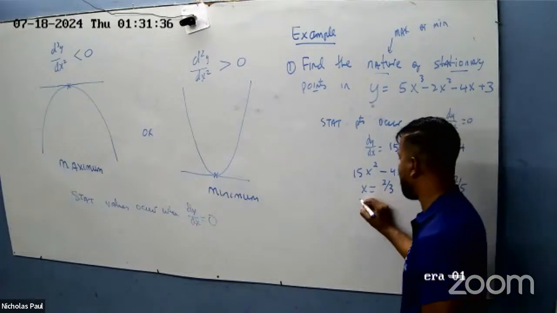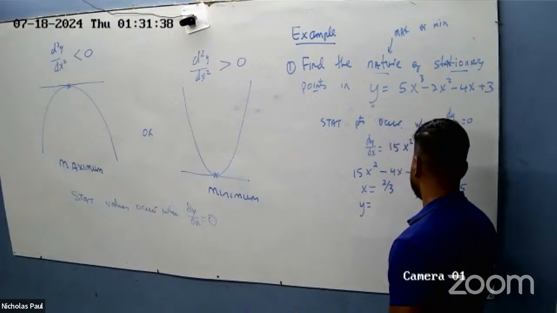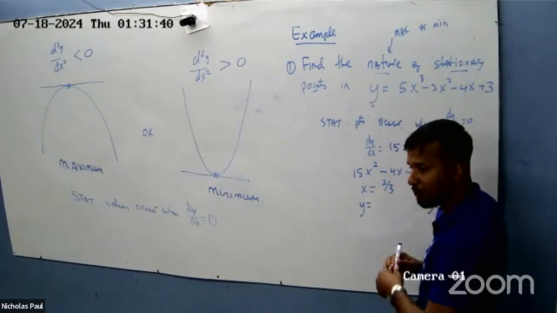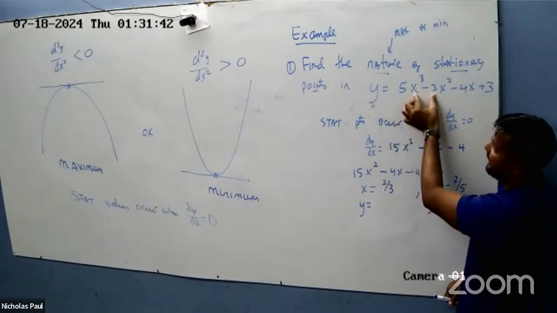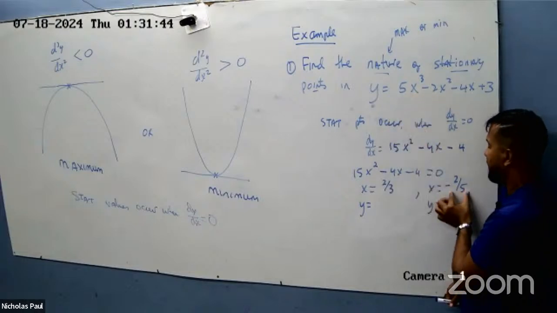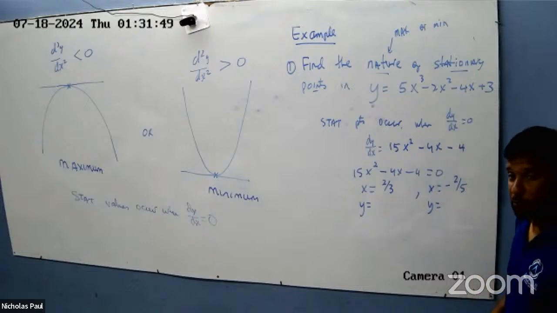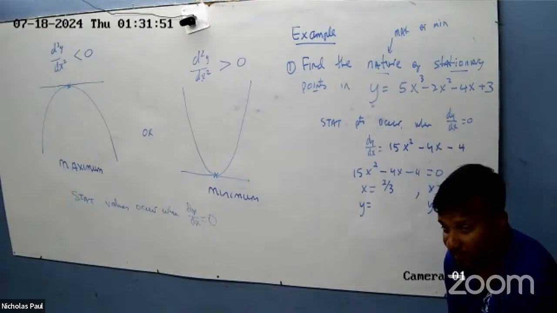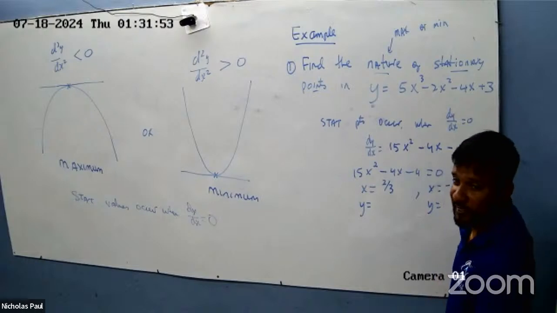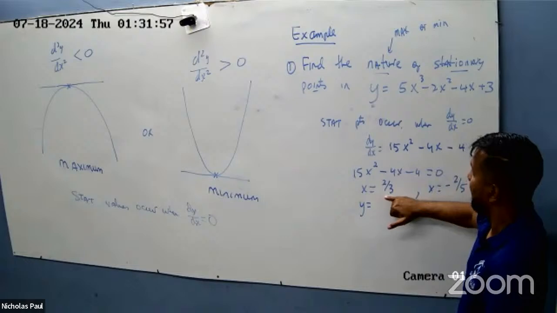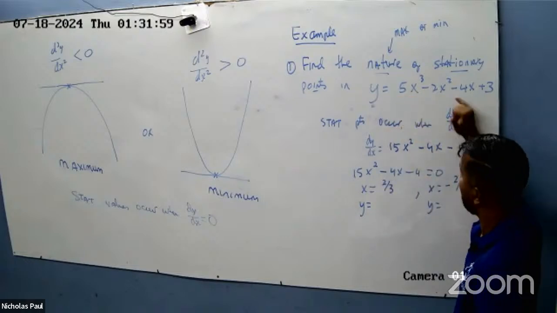Oh, by the way, we still have to find the y. Put it in the calculator again. Take this x value and put it in here for y. Take this x value, put it in here for y.